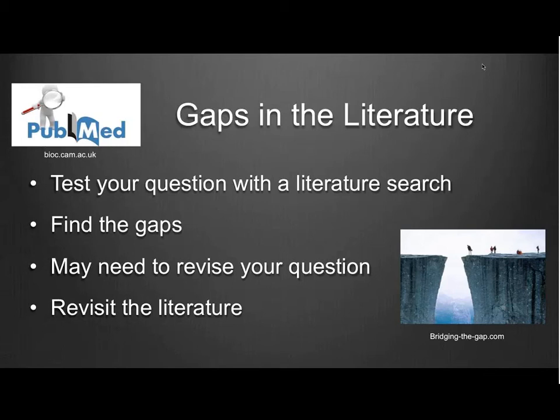This is the process where you may actually need to go back and revise your question. Sometimes this may take multiple iterations. And basically, once you get your question redrafted, you have to revisit the literature. So this is a continual process until you make a really good focused question.